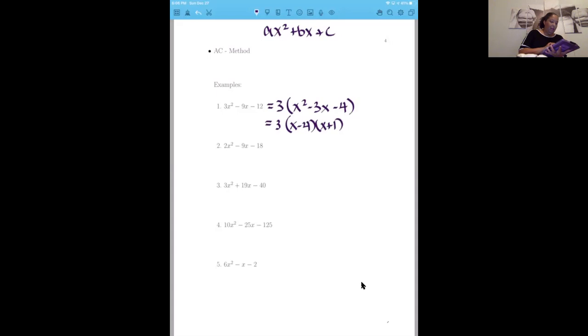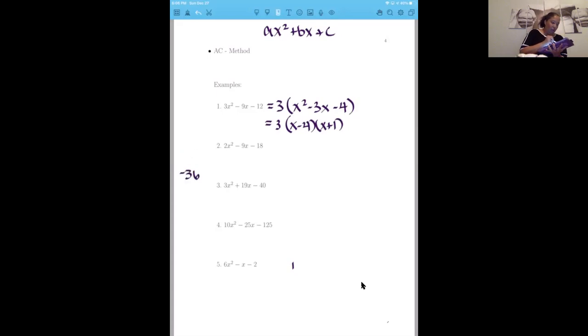Now, 9 is odd, so I can't divide everything by 2. So I'm going to multiply a and c. A is 2, c is negative 18. So I get a negative 36.